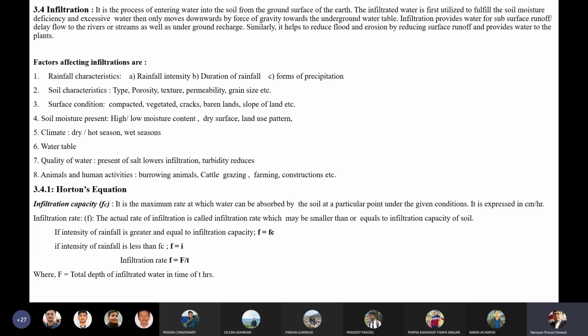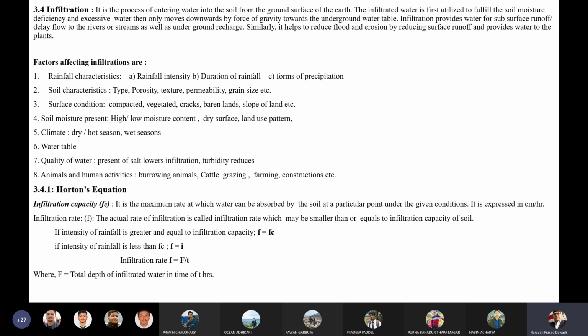Similarly, infiltration also helps to provide moisture content to the underground soil, through which the plant can take the required amount of water for its biological need. That's why infiltration helps to provide sufficient moisture to the soil, which the plant can utilize for its biological process through the root by absorbing water from the soil.